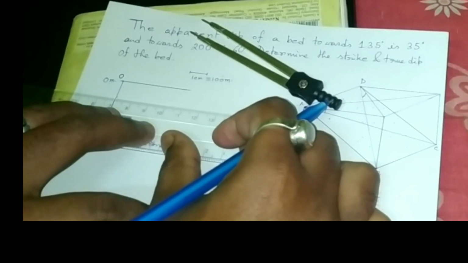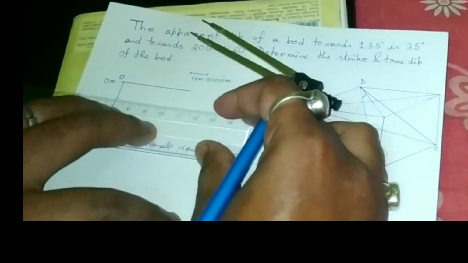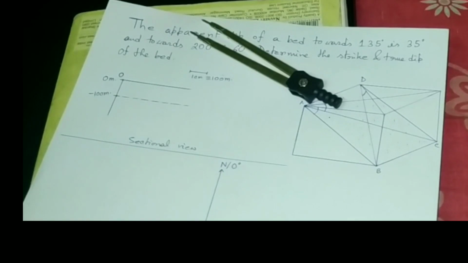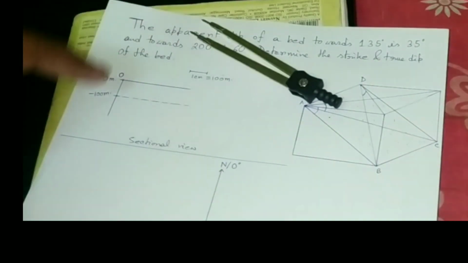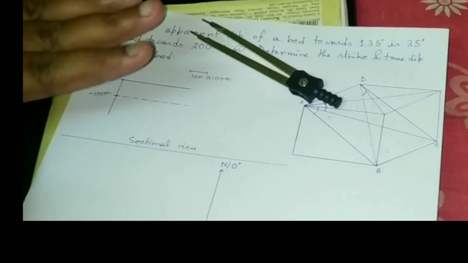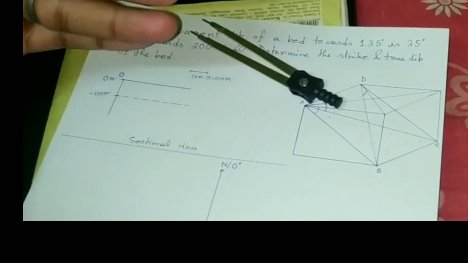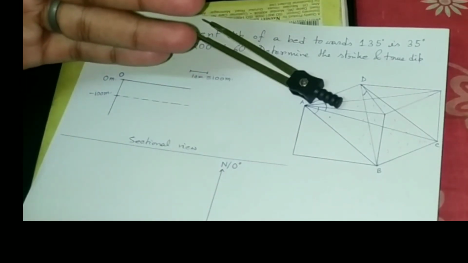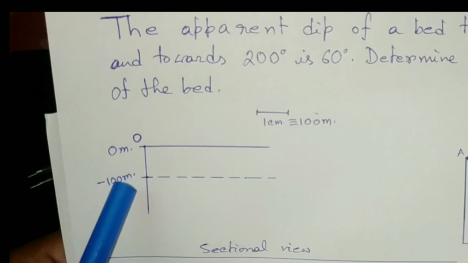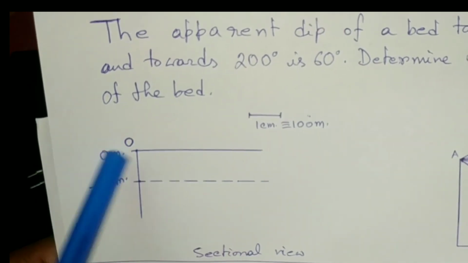So this is minus 100 meter level, or the intersection of this section with minus 100 meter horizontal plane. This is it. This is the section.